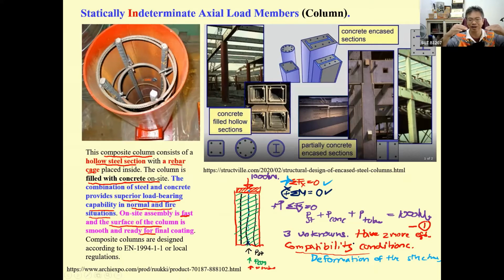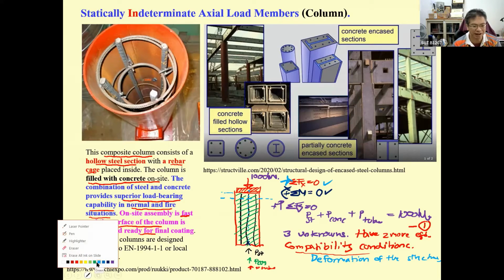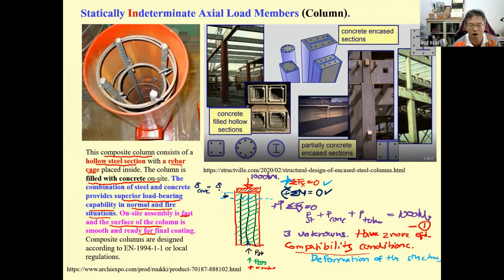What kind of deformation? You see the column, when the column is subjected to the force, the column will shorten. Since the force is applied to the centroid of this column, the deformation that occurs here is going to be this one, and you may say the deformation of the concrete is equal to the deformation of the steel tube, or you may say the deformation of the concrete is equal to the deformation of the steel rod.